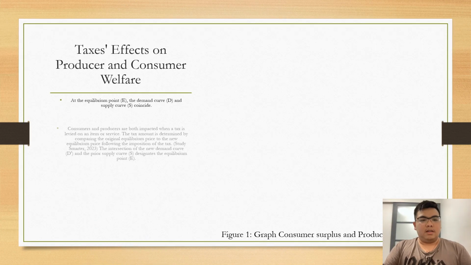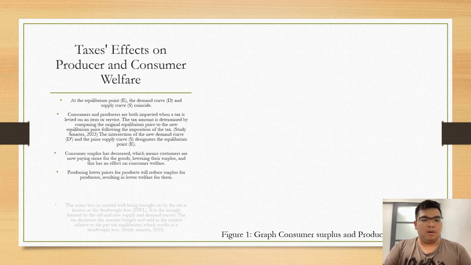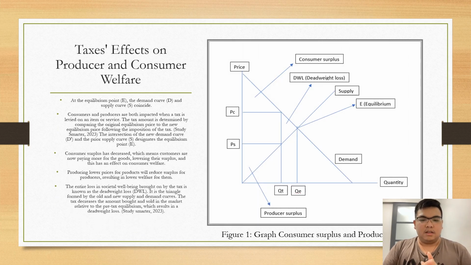So the next part is the tax effect on producer and consumer welfare. As you can see, there's a graph on the right side of the slide. The equilibrium point E, the demand curve D, and the supply curve S coincide. The consumer and the producer are both impacted when a tax is levied on an item or service.